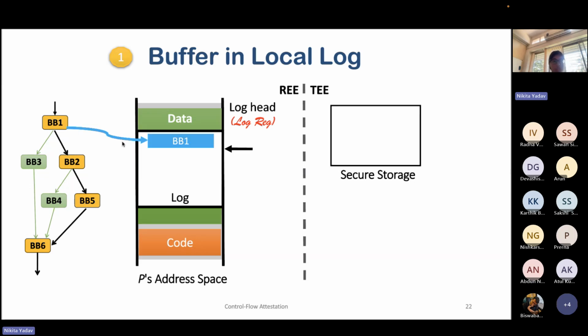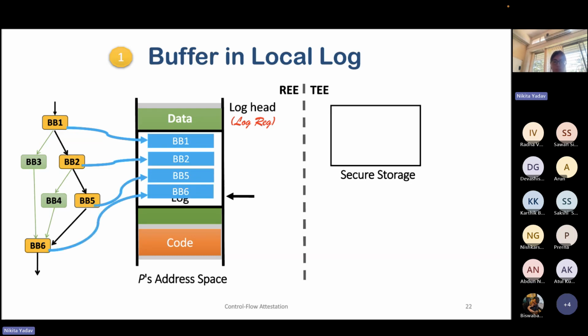So now, instead of recording in the secure storage, we record in this log. Instead of one domain switch overhead, we only have to pay the cost of one memory write here. As the program executes, we are going to record these basic block IDs in this log.